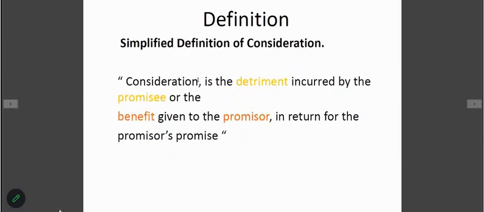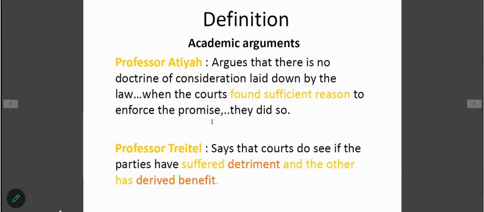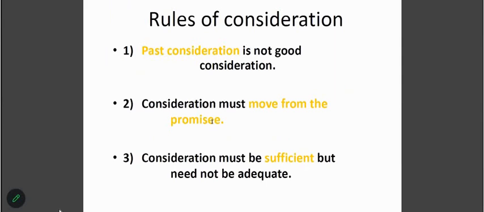So consideration is the detriment incurred by the promisee, or the benefit given to the promisor in return for the promisor's promise. Take note. So the rule of consideration: past consideration is not good consideration.